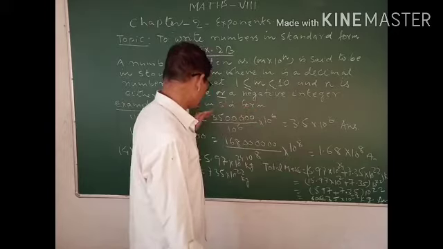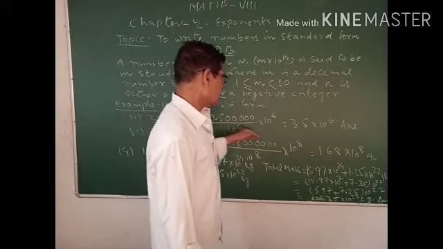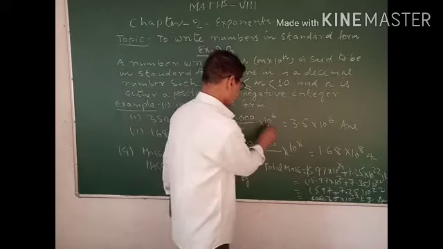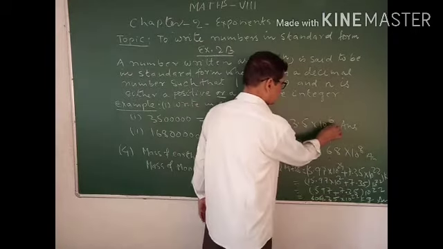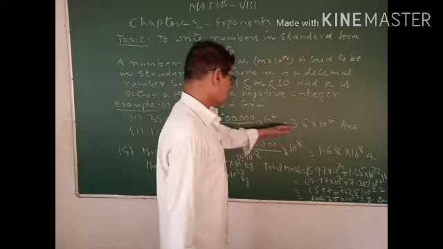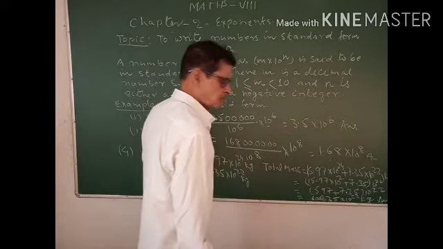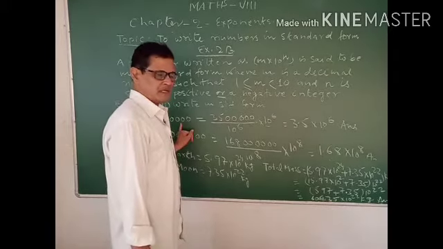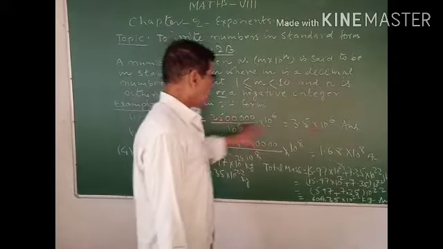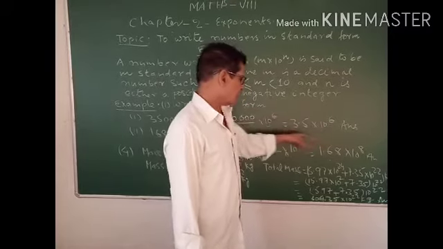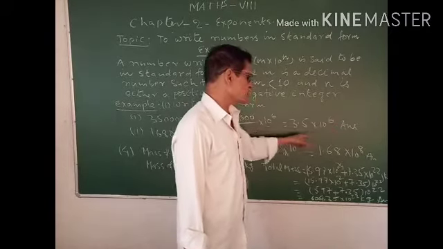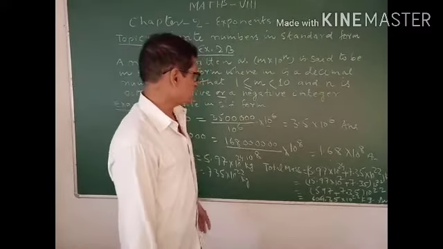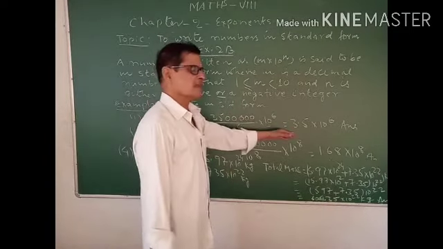This is equal to 3.5, and now this will remain multiplied by 10 to the power 6. Which number is easier to keep in our mind, this number or this number? Certainly this number is easier, and so we practice writing the bigger number in standard form.